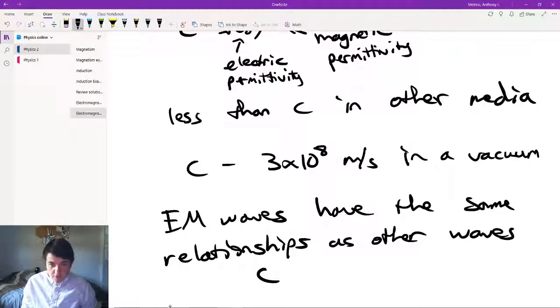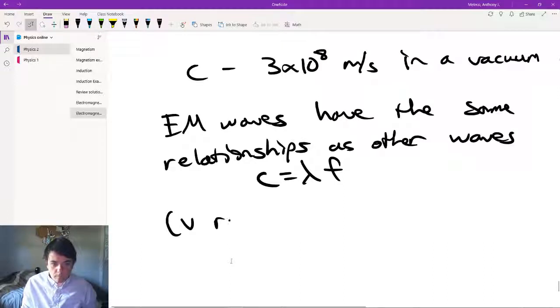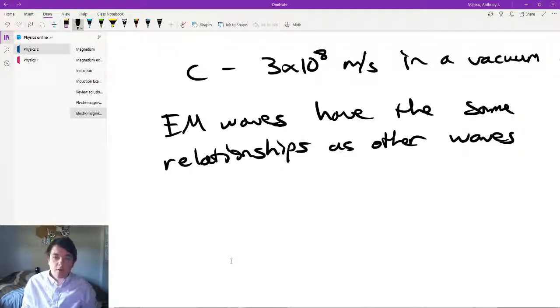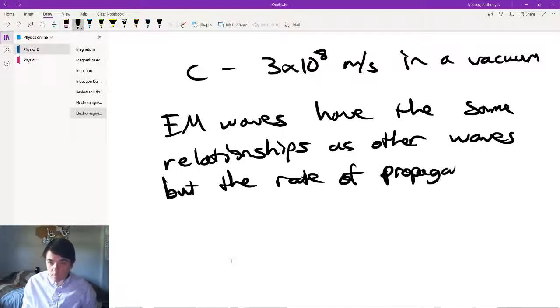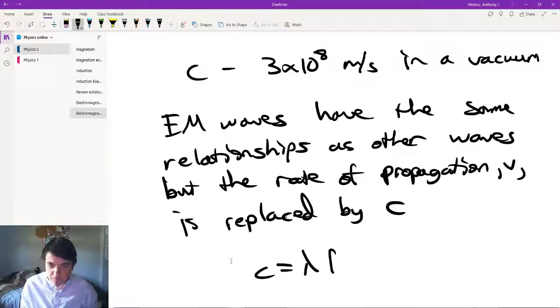It's just C equals lambda F now instead of V. The rate of propagation, V, is replaced by C. Okay, so C equals lambda F.